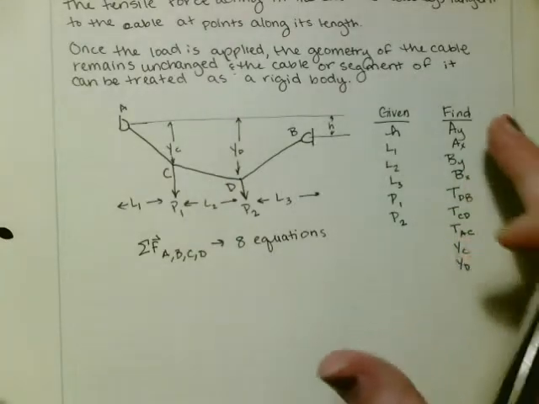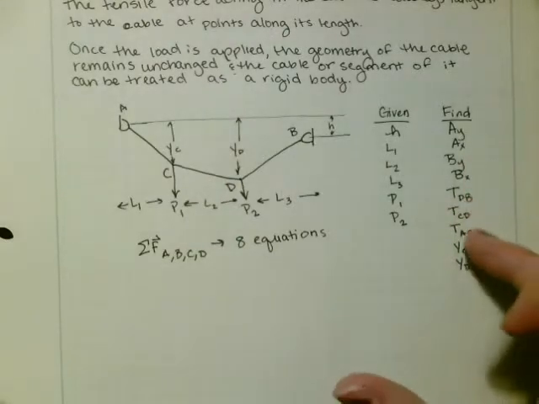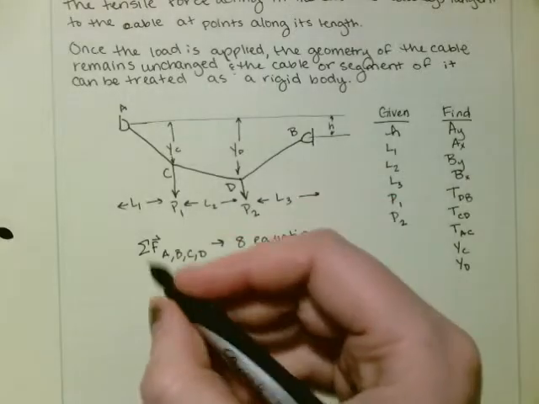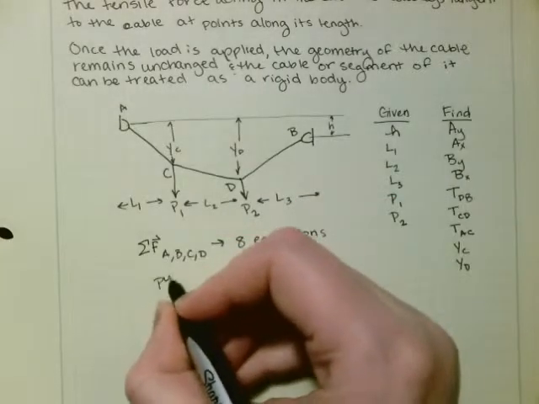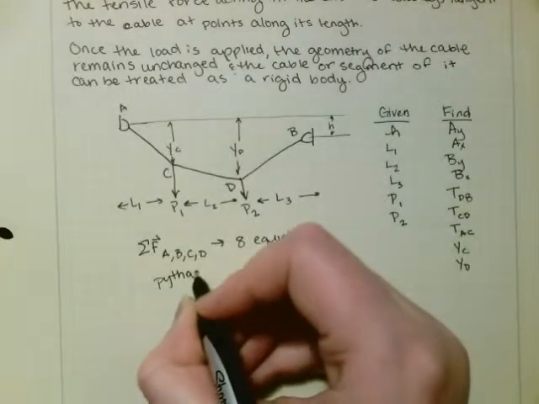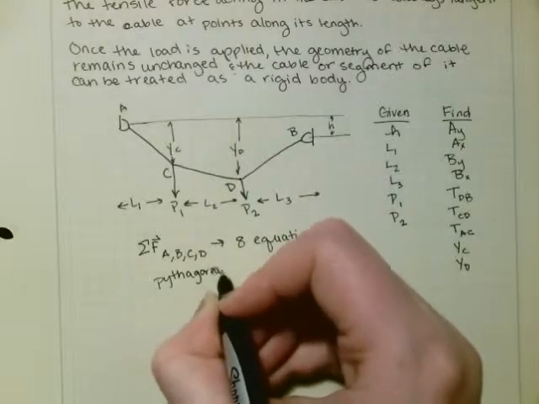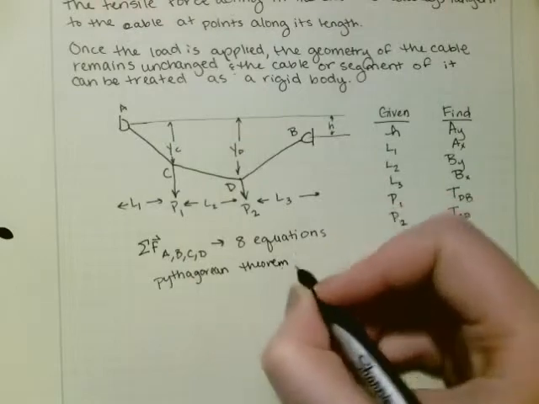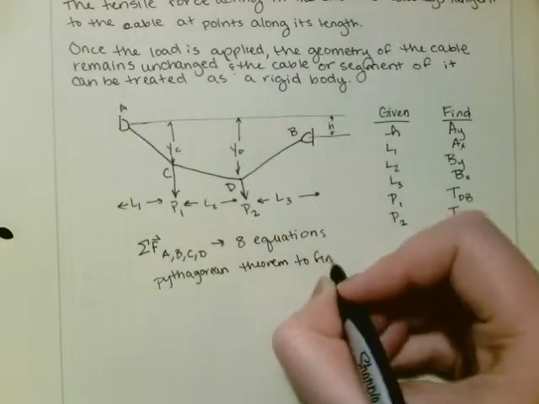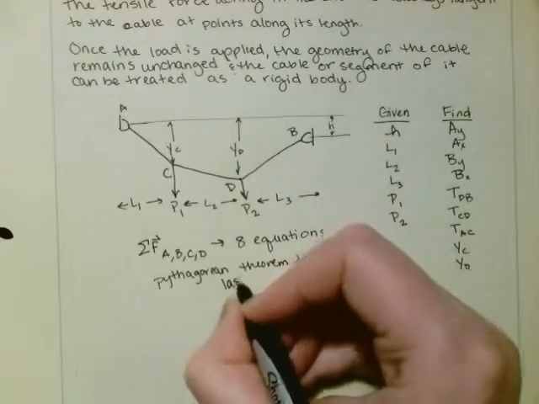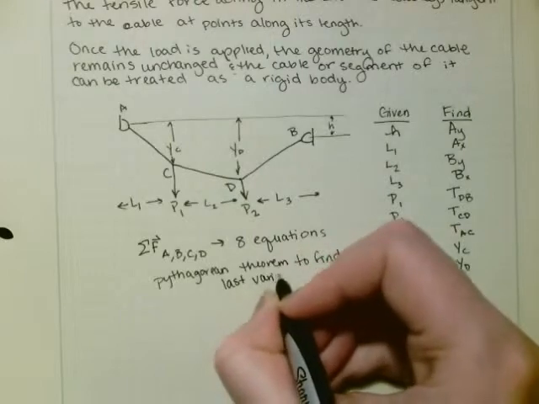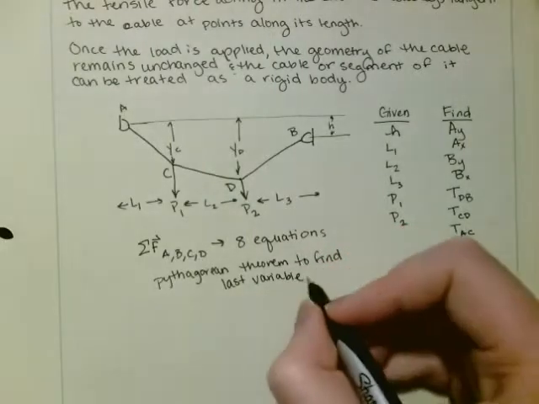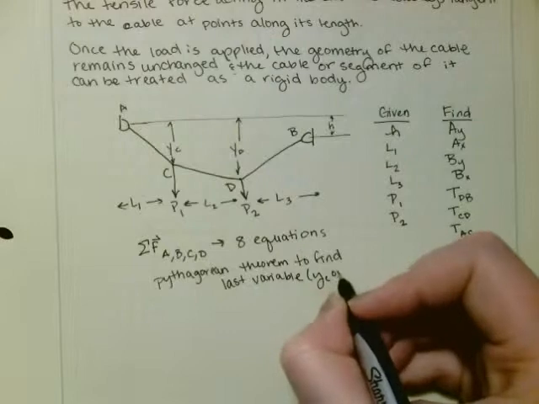But we have 9 unknowns. 1, 2, 3, 4, 5, 6, 7, 8, 9. So we would need to use the Pythagorean theorem to find the last variable, YC or YD.